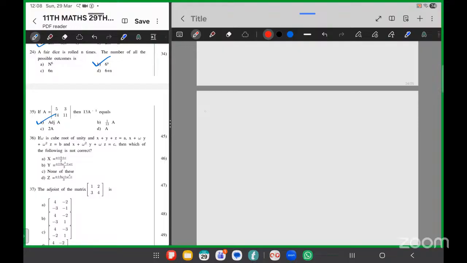If you add a plus b plus c, you will get x plus x plus x. X plus x plus x become 3x, y plus omega square y, that becomes 0. Z plus omega square, this also becomes 0. So a plus b plus c equal to 3x.